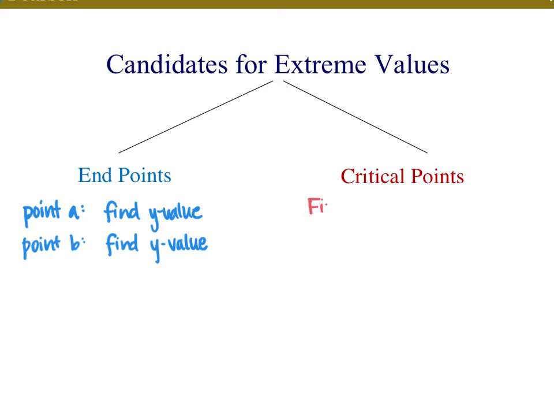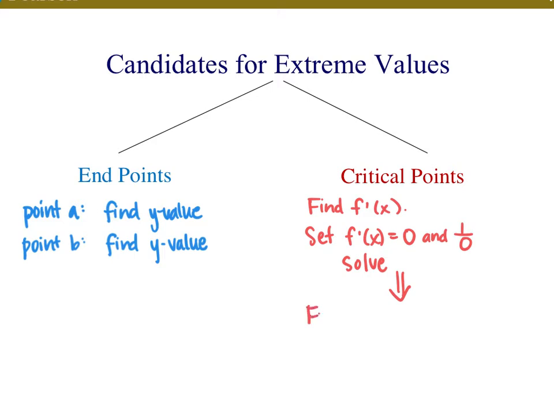You want to find the derivative first. And then you're going to set the derivative equal to 0, and you're going to set it equal to 1 over 0. Solve. After you've solved, you want to find the y value for each of the solutions that you found.